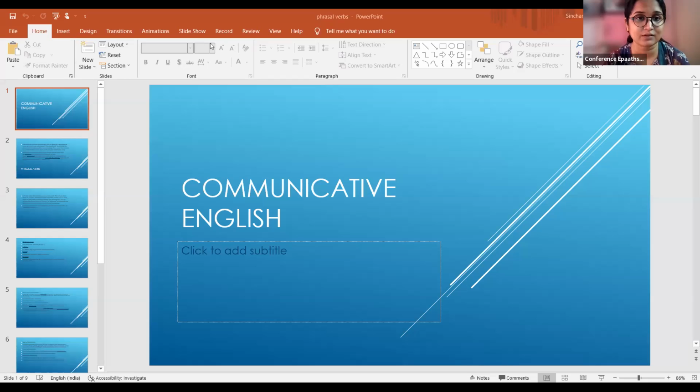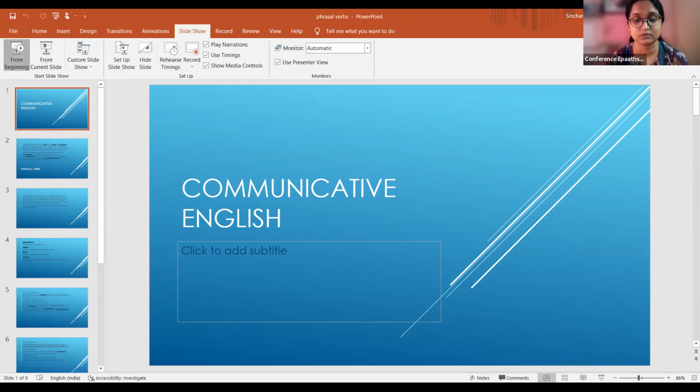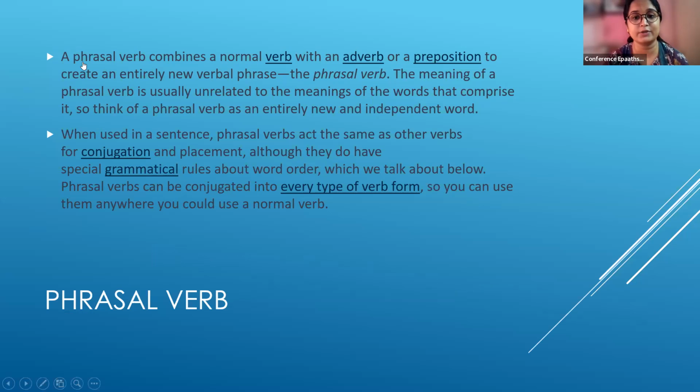Now phrasal verb was another thing which we have to discuss. So I told you a phrasal verb is a normal verb with an adverb or preposition, which is creating a new verbal phrase. So that is called phrasal verb.